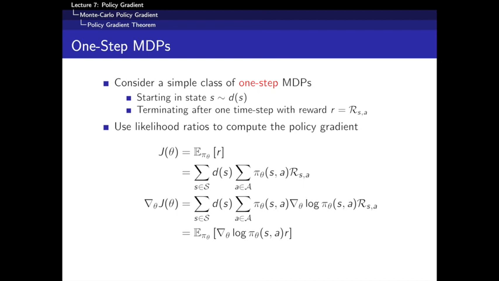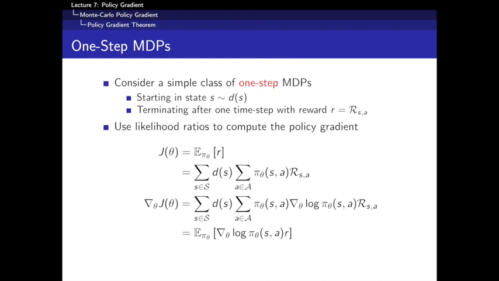So let's just expand this out. This is the expectation over the state that we start in, and this is the expectation over the actions that we pick under our own policy. So this is the expected reward. Now we're just going to plug in the likelihood ratio trick. We want to know the gradient that gets us more reward.